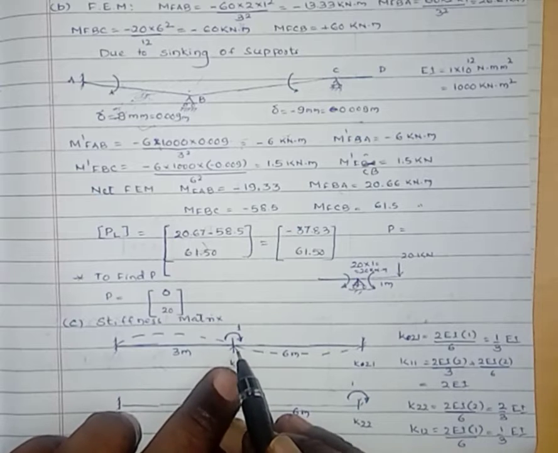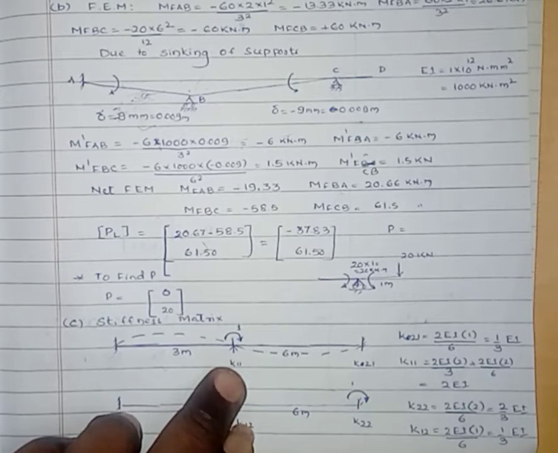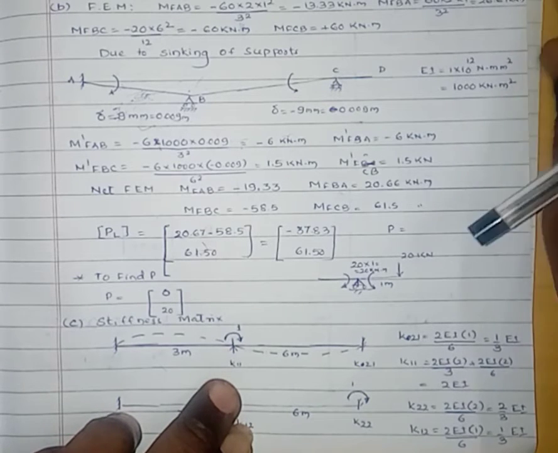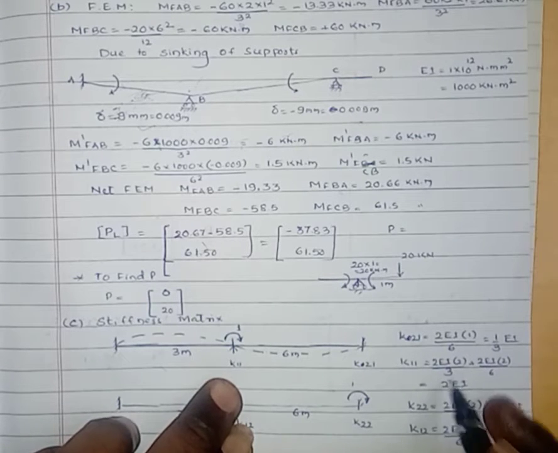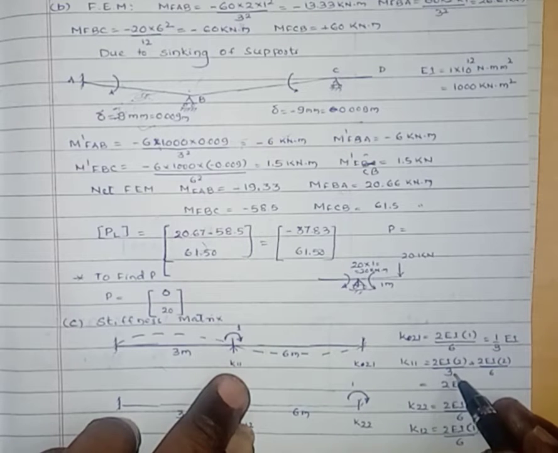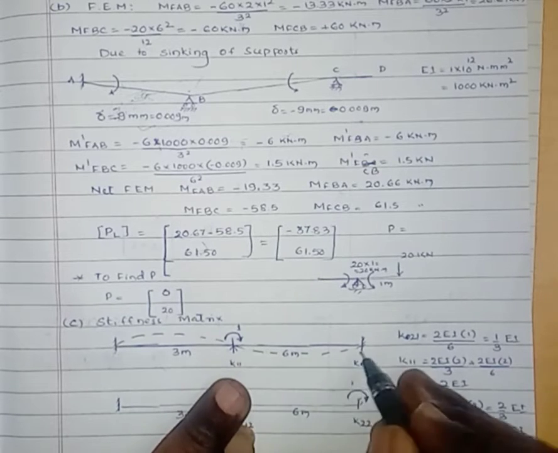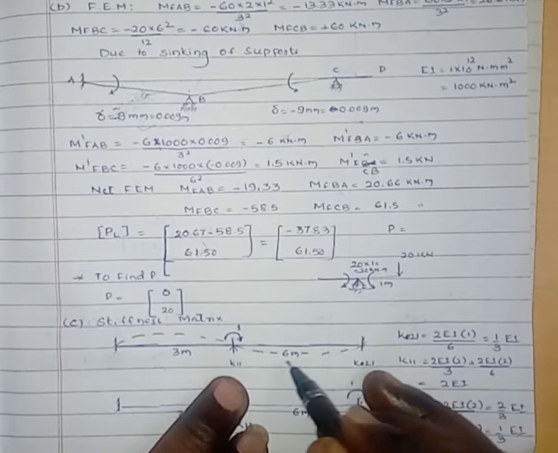The angular displacement at 1 due to the unit rotation applied at 1 in span BA is 4EI by L. You can use the slope deflection equation, 2EI by L inside the bracket 2 theta, or directly 4EI by L for span BA and 4EI by L for span BC.